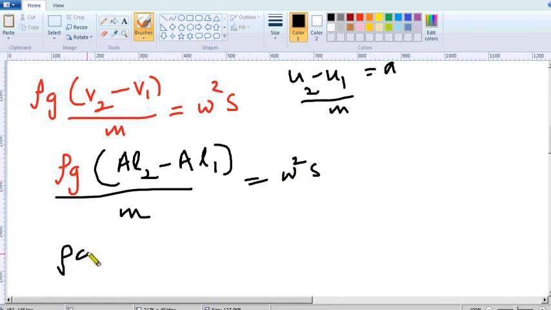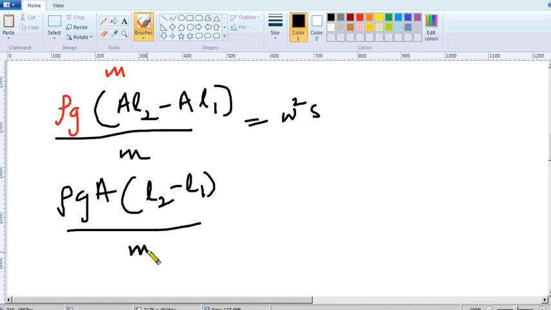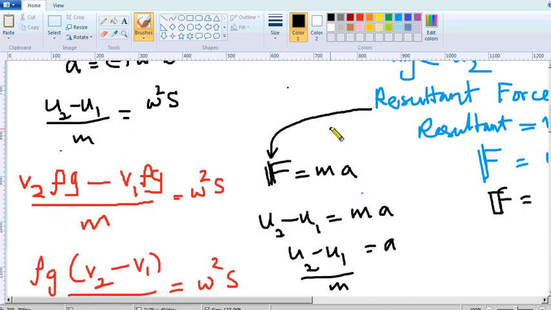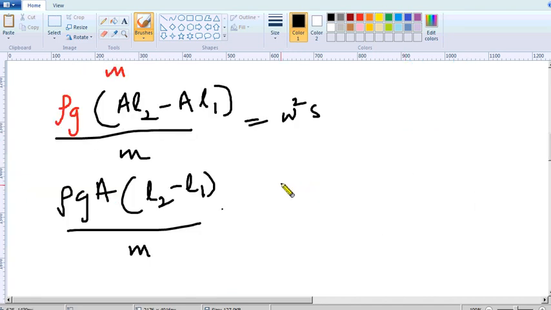So we can take a common out of the bracket: a rho g, L2 minus L1 divided by m, equals omega squared s. So what is L2 minus L1?